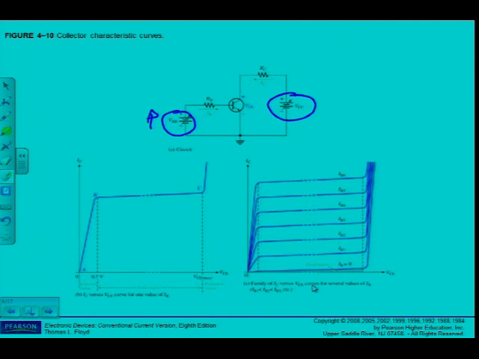The base emitter junction is going to be forward biased, but because VCC is also equal to 0, the base collector junction is also going to be forward biased. So this is not the condition for an amplifier at this stage, it's just to be able to draw this characteristic curve. Because both these junctions are forward biased, the transistor goes into saturation. We will discuss that also a bit later.